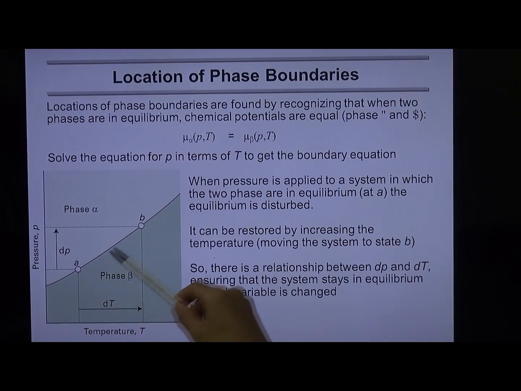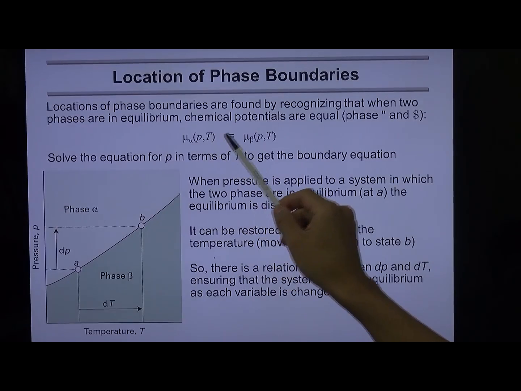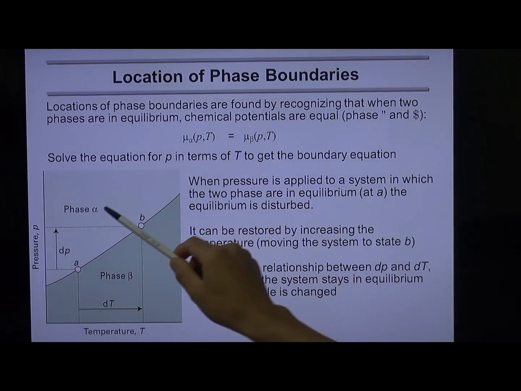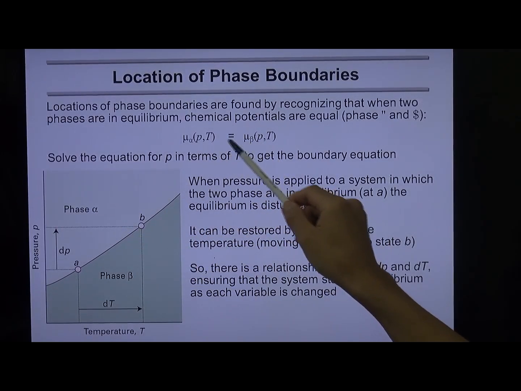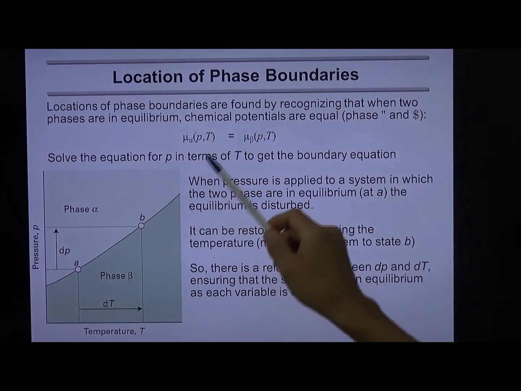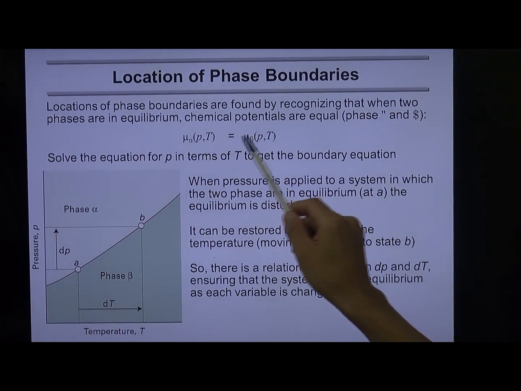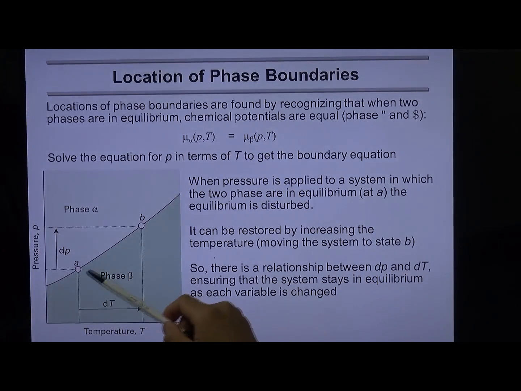And this line, phase boundary, basically represents where the chemical potentials of two different phases, alpha phase and beta phase, are the same, right? So based on this simple equation, chemical potential is the same, we might be able to draw these lines of phase boundaries. Okay? So let's do it. Let's just draw the phase diagram for a certain material. Okay?